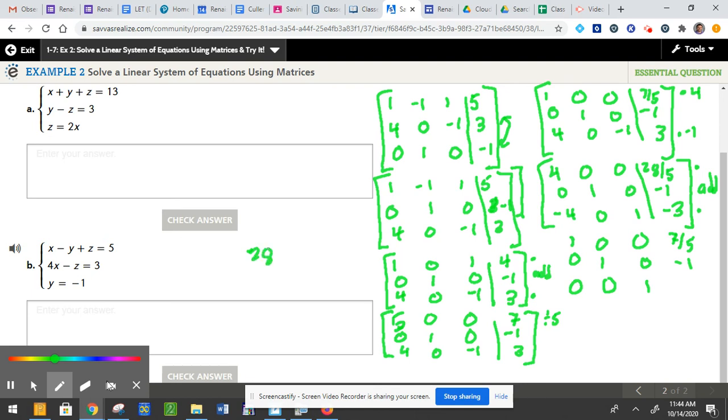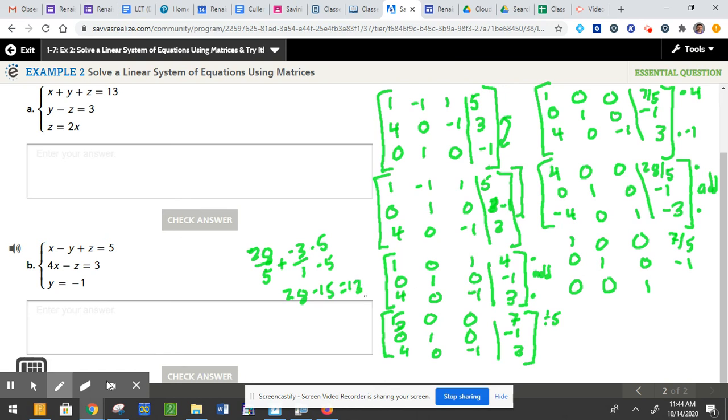So if I have 28 fifths plus -3, common denominator would give me -15. So now I've got 28 minus 15, which is 13. And then that's over the common denominator of 5.